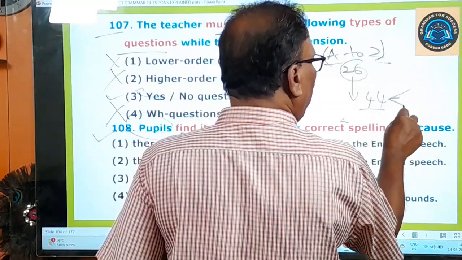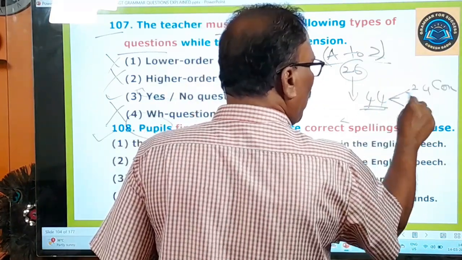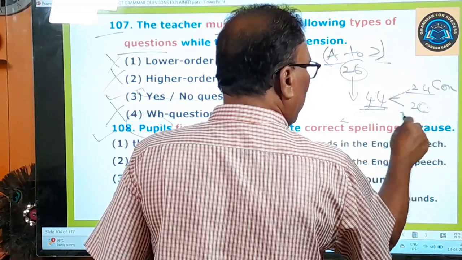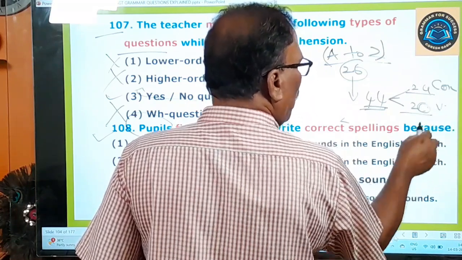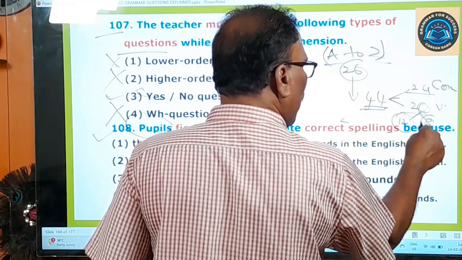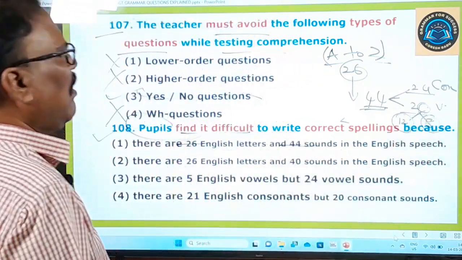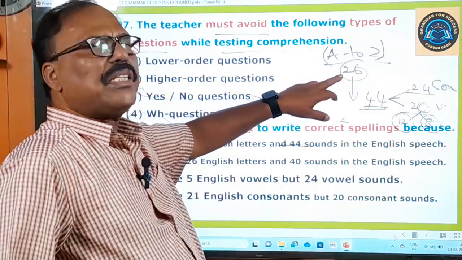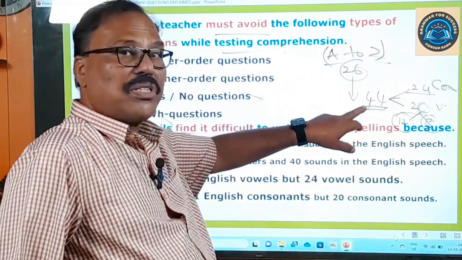Of these 44 sounds, 24 are consonantal sounds and 20 are vowel sounds. Of these 20 vowel sounds, 12 are pure vowel sounds and 8 are diphthongs. Whatever it is, we have 26 letters but 44 sounds.